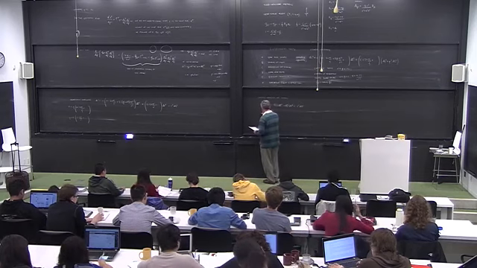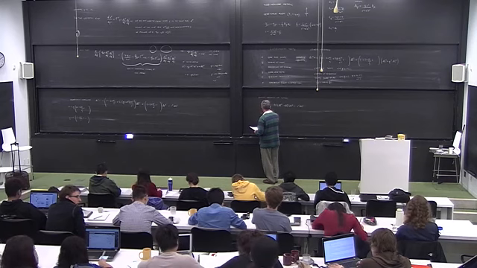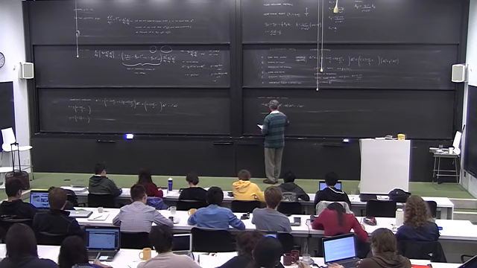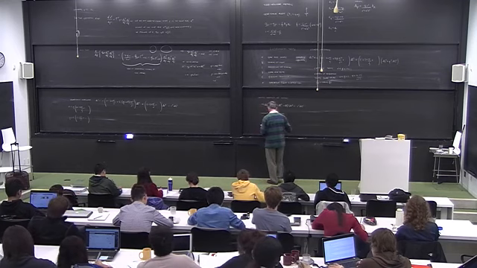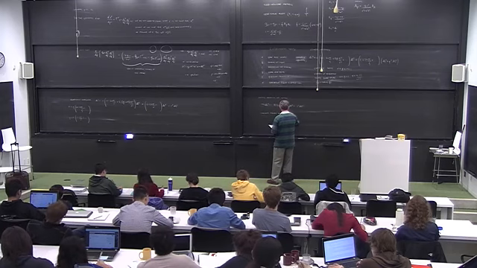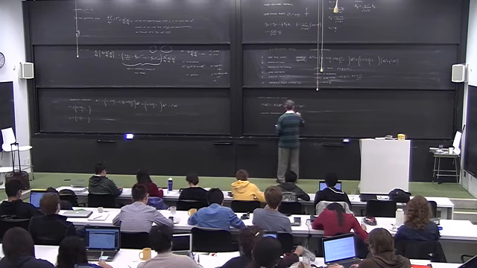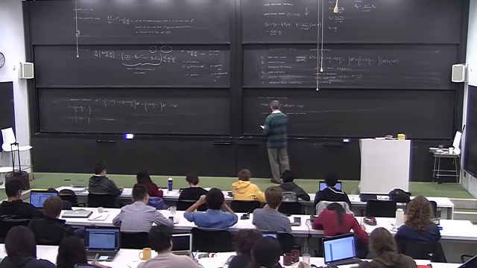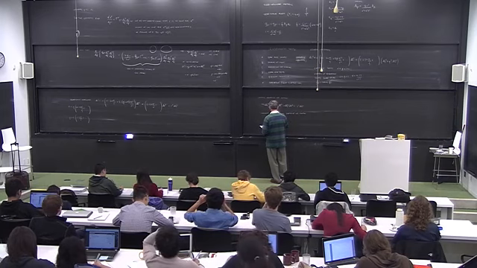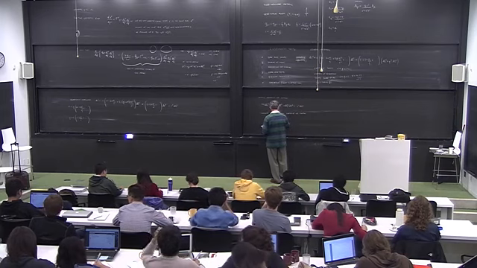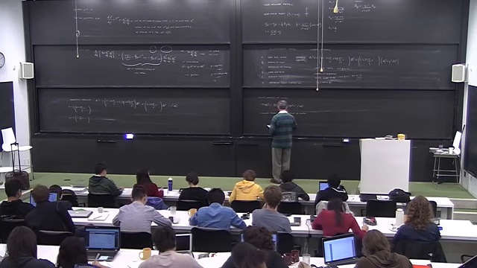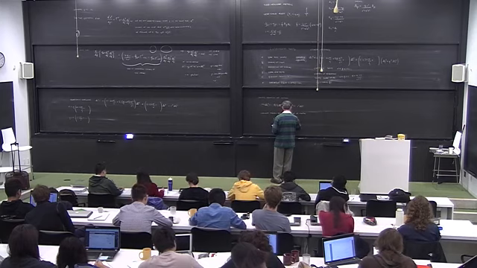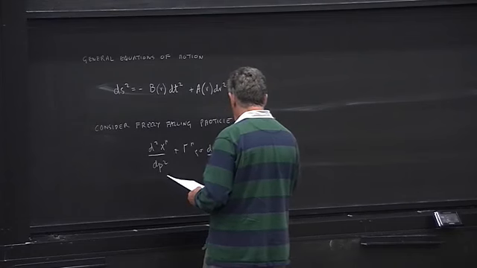So consider a freely falling object, or it could be a particle or it could be a photon, obeying d2 x mu by dp squared plus gamma mu rho sigma dx sigma by dp dx rho by dp equals 0.